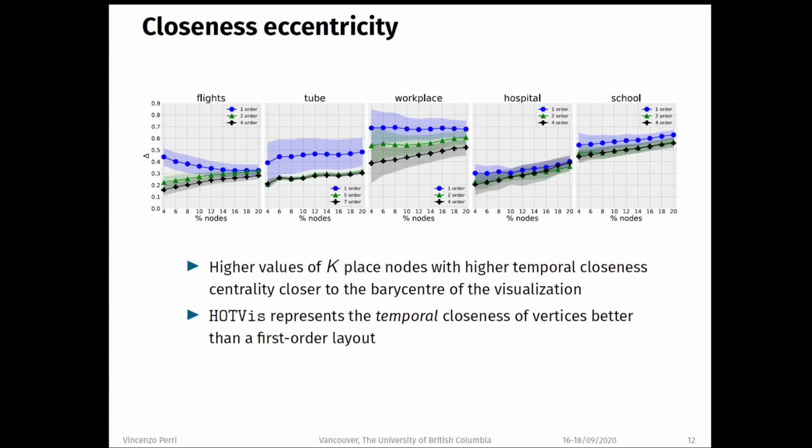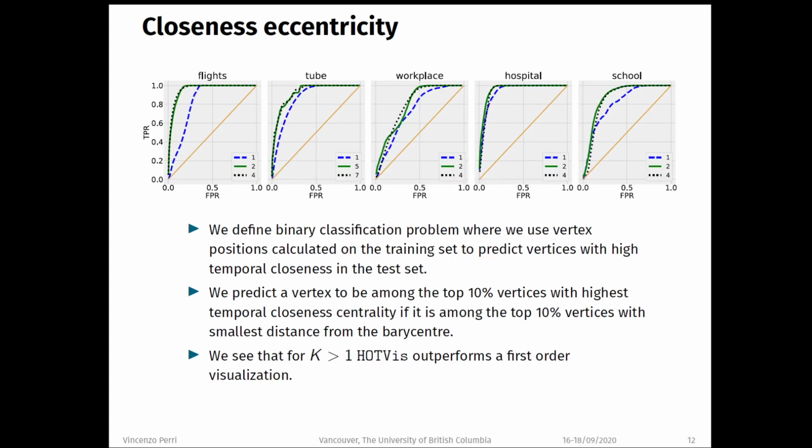These are the results for closeness eccentricity, where we see that with higher values of k for HOTVis, the nodes with higher temporal closeness centrality are placed closer to the barycenter of the visualization. This also tells us that HOTVis can represent the temporal closeness of vertices better than a first-order layout. To further test this property, we also define a binary classification problem where we use vertex positions computed from the training set to predict the vertices with high temporal closeness in the test set.